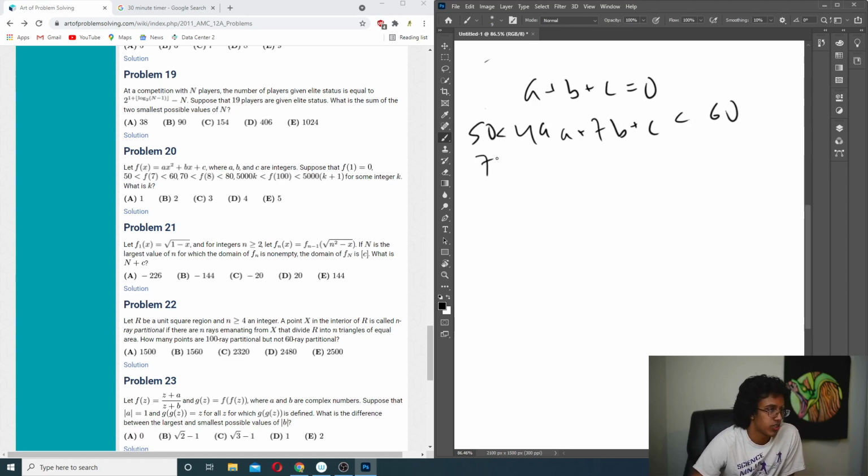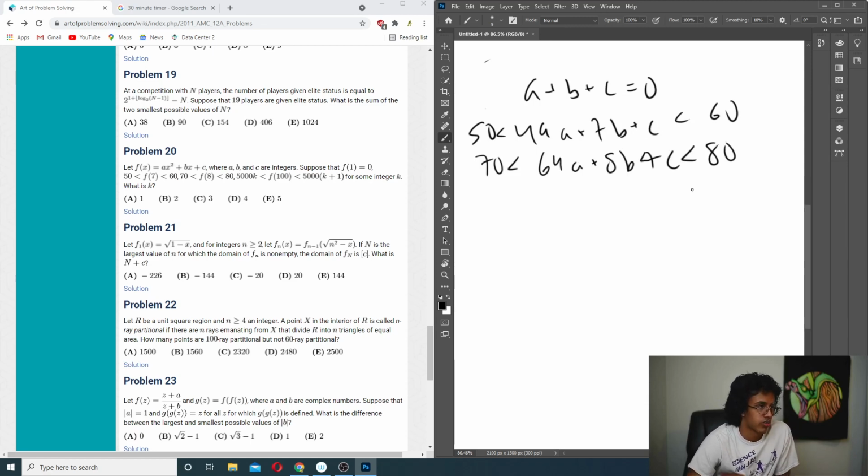And then 70 is less than 64a plus 8b plus c is less than 80, okay? And we're going to find for 100, which is 1, what is it? 100 squared times a plus 100b plus c is between two multiples of 5,000.